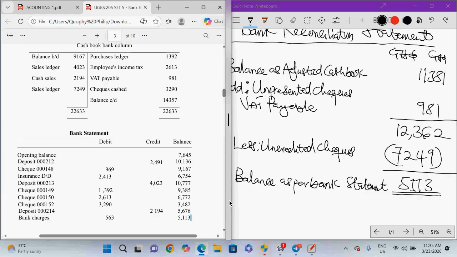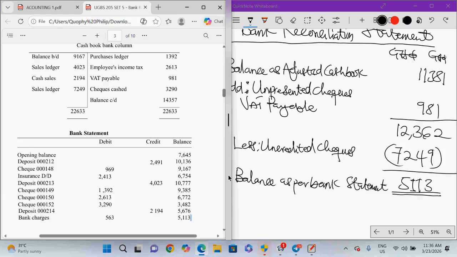I haven't seen a question where they will not give you both the cash book and the bank statement balances. Definitely they will give you at least one. Have I answered your question?